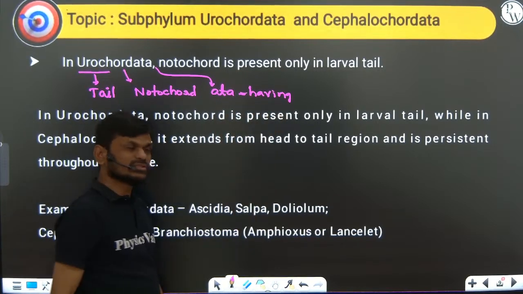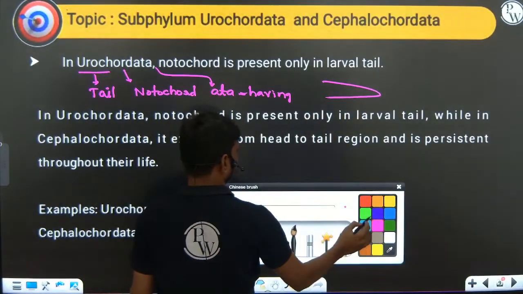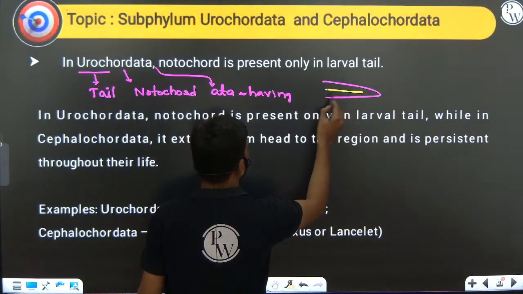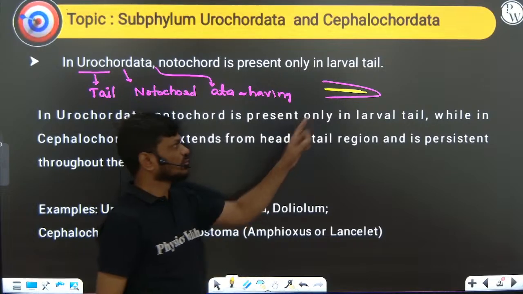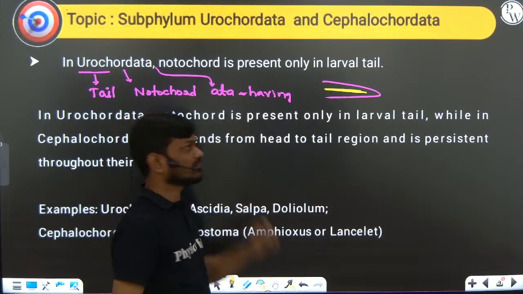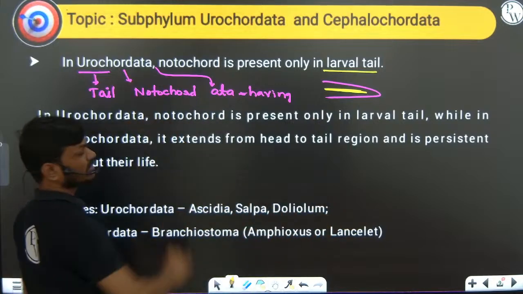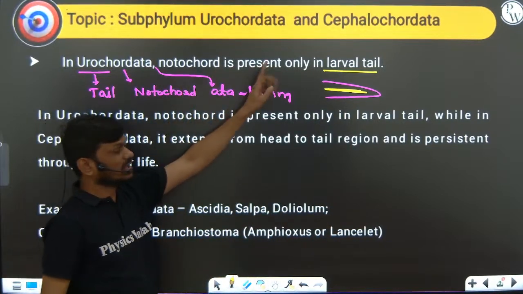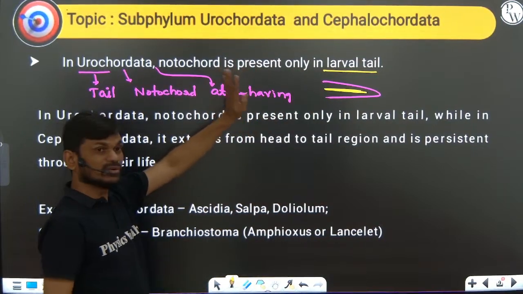In these animals, the notochord is present only in the tail region, in the larval form. In Urochordata, the notochord is present only in the larval tail.